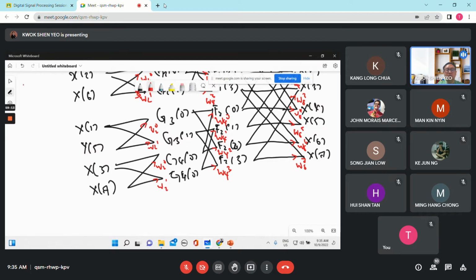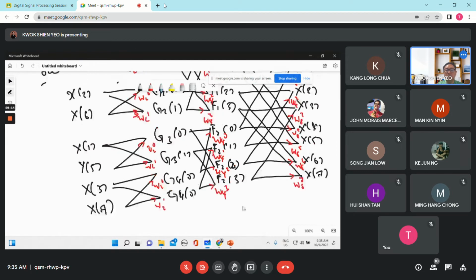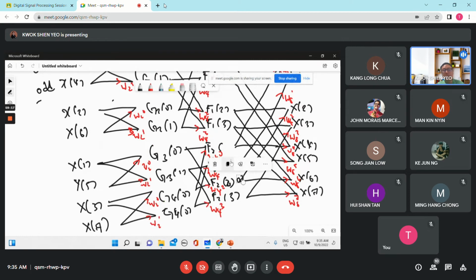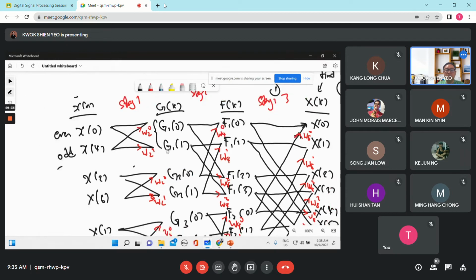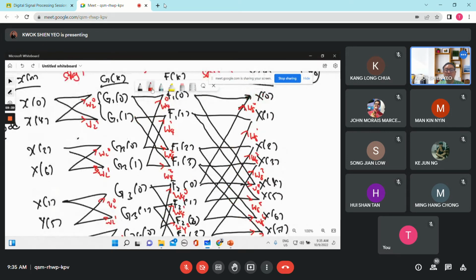So then there you go. This is your entire butterfly structure done. For n equals 8, you have stage 1, stage 2, and stage 3. Just take note, there are 4 butterfly structures here.